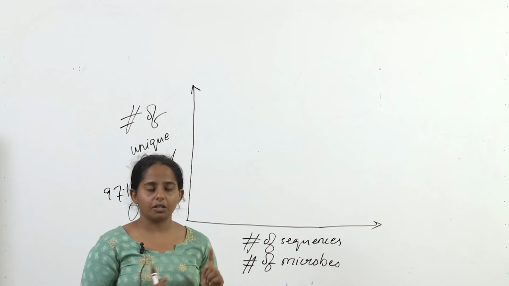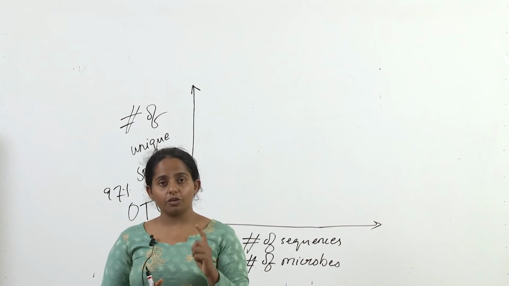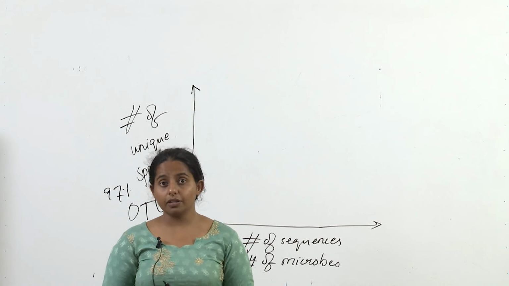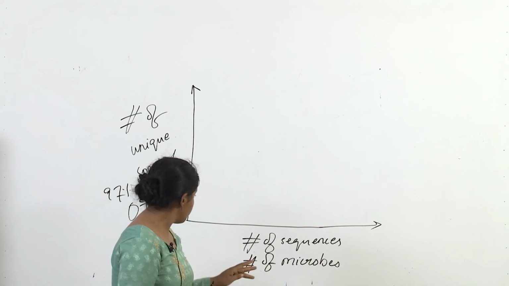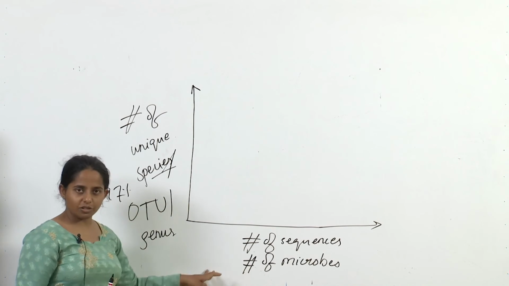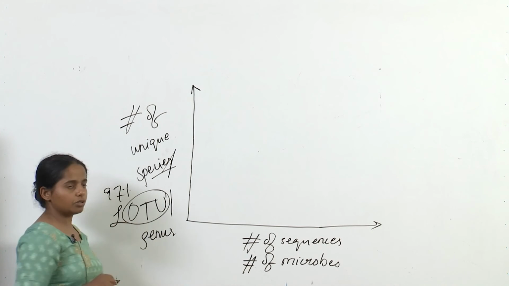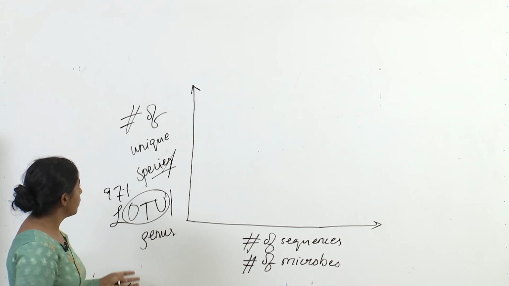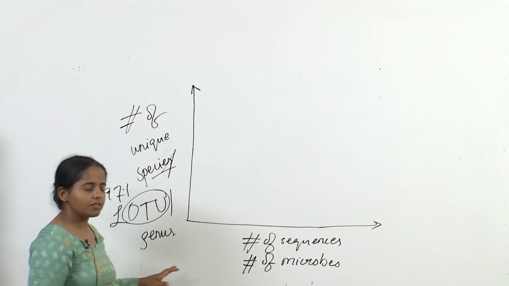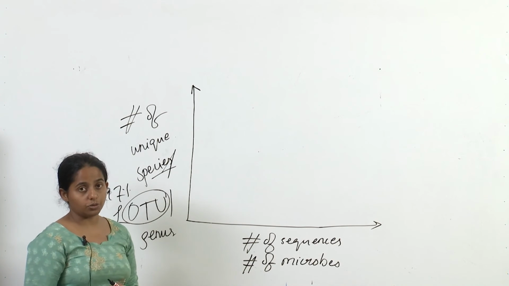We do not know if they are similar on species level, on phylum level, or going finer on genus level or even strain level. We do not have that information, but we just say for operational purposes, for purposes of making sense out of our data, we call them one operational taxonomic unit. So they are one kind of microbe. And in most of the plots that I have seen in recent days, on the y-axis they plot the number of unique OTUs.